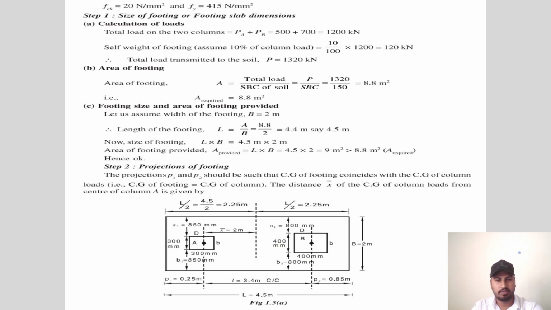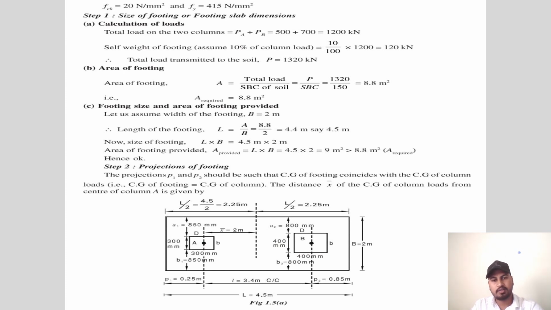Now the size of the footing will be 4.5 meter by 2 meter. So the area of the footing provided will be 4.5 into 2, that is 9 meter square, which is greater than 8.8 meter square. Hence it is okay.